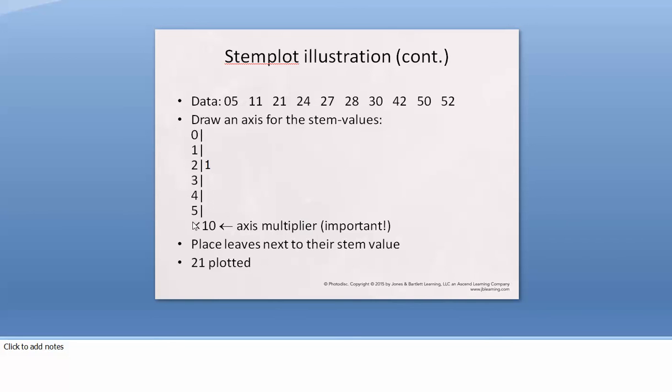You write all the stems, and then you go back and write the leaves corresponding to each observation on this side. What is completed here is for 21. See, 2 is the stem for that observation and 1 is the leaf, which you write along that row. You can think of each of these as a row.